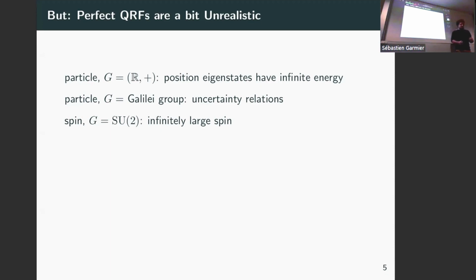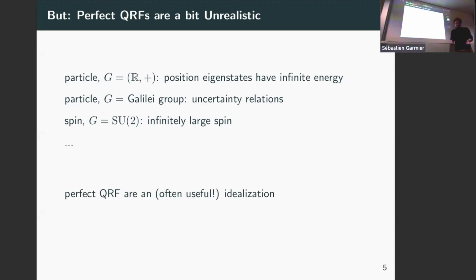It turns out the representation theory of SU(2) tells us that if you really want to build a perfect quantum reference frame for rotations out of a quantum system, this quantum system would have to have an infinitely large spin. So again, it's not really practical. There are many more, but let's move on.